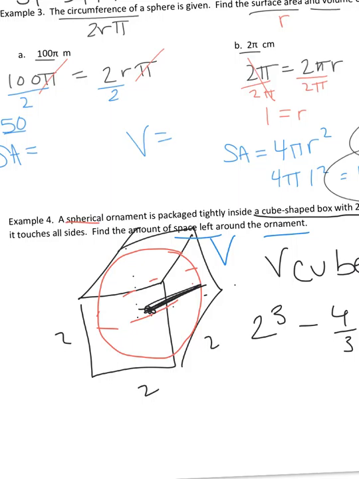So you're going to do 8 minus this to get your answer. And since we're talking about a real life thing, you're actually going to want to put that in your calculator, because you don't want to answer that in terms of pi, and then your units are going to be inches cubed.